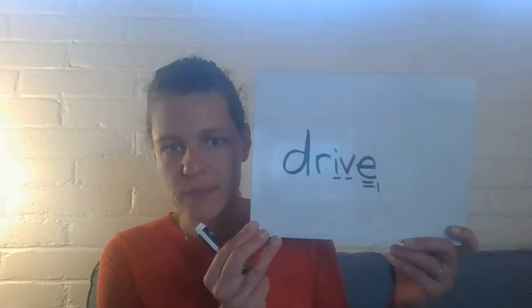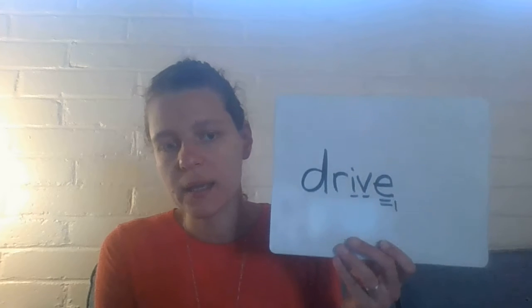All right, our next verb that we're going to move from present tense into the present participle is drive. So go ahead and write the base word drive. All right, this is what your drive should look like.